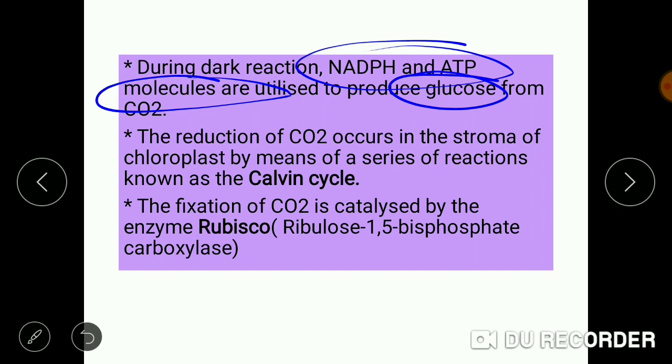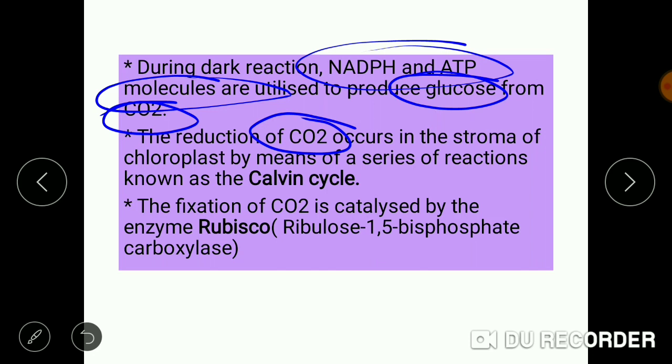So this NADPH and ATP is utilized in the dark reaction to obtain glucose from carbon dioxide. Ultimately in this light independent process, the CO2 which is present in the stroma of the chloroplast undergoes reduction and is converted into glucose.